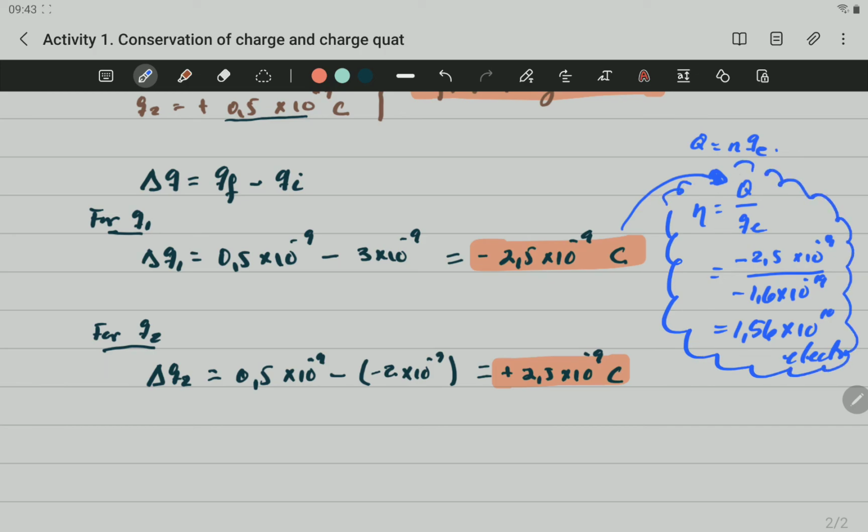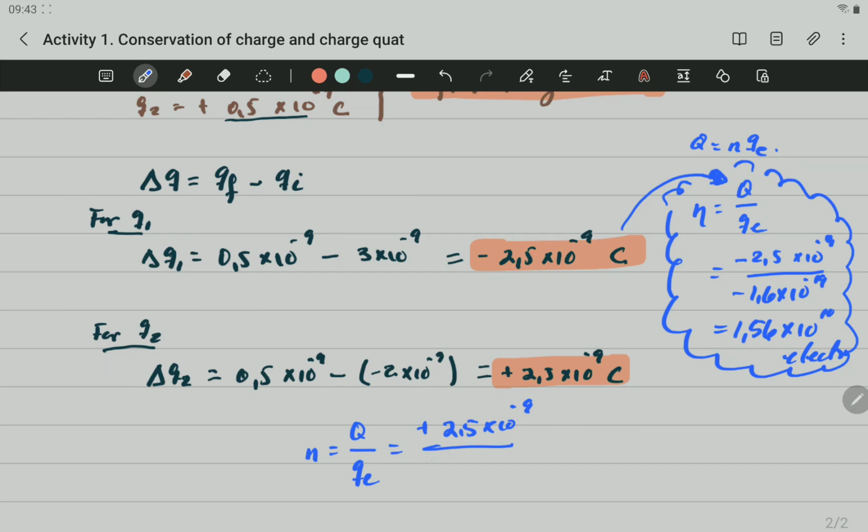And if you want to use charge 2, it is also going to be the same. We're going to write number of electrons is equal to charge. This is not charge 2. Remember, in this case, this will be the change in charge. And then you use positive 2.5 times 10 to the minus 9 coulomb divided by, now this one has less electrons, so instead of using charge of electron, we're going to use the charge of the extra protons.